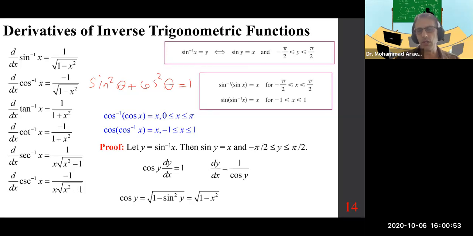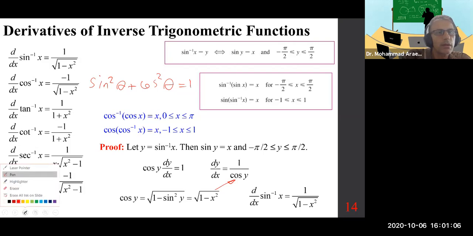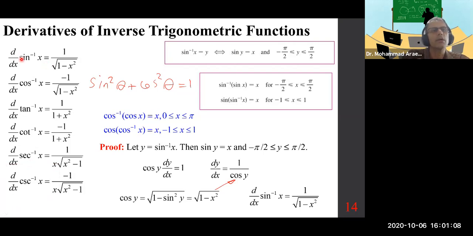I hope everybody is okay with that. Therefore, you are going to replace the cosine y with square root of 1 minus x squared, and that's a proof for derivative of sine inverse is 1 over the square root of 1 minus x squared. Okay, class? So that's one example and the proof.